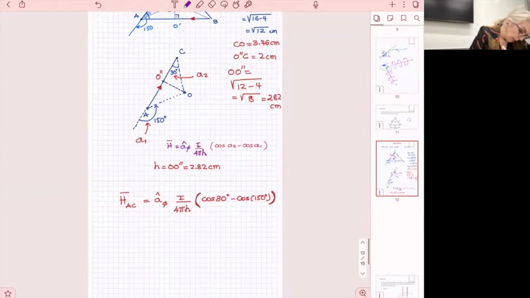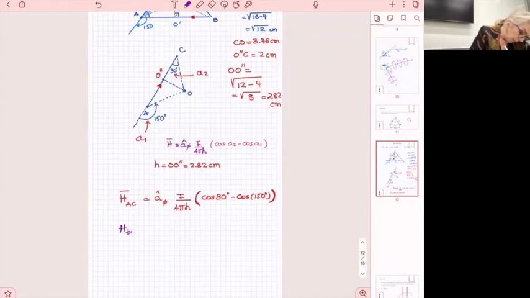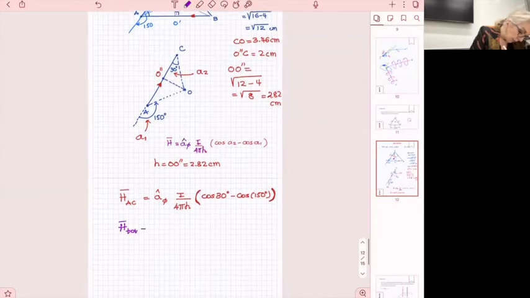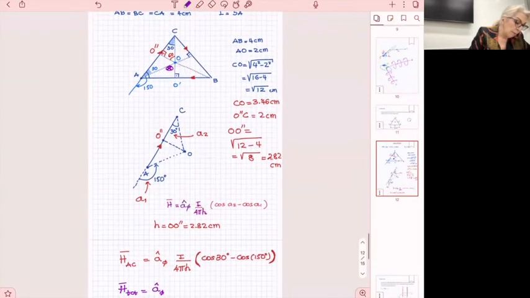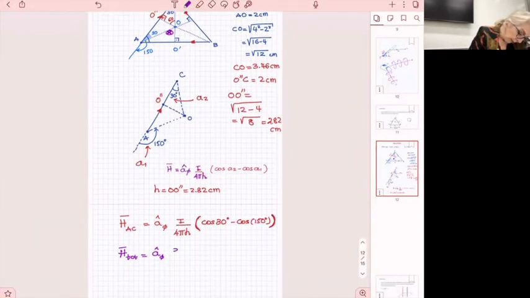So H total is going to be along that phi direction, which is perpendicular to the plane A, B, C and going into the plane. And it's going to be 3 times the current, which we know, divided by 4 pi h.